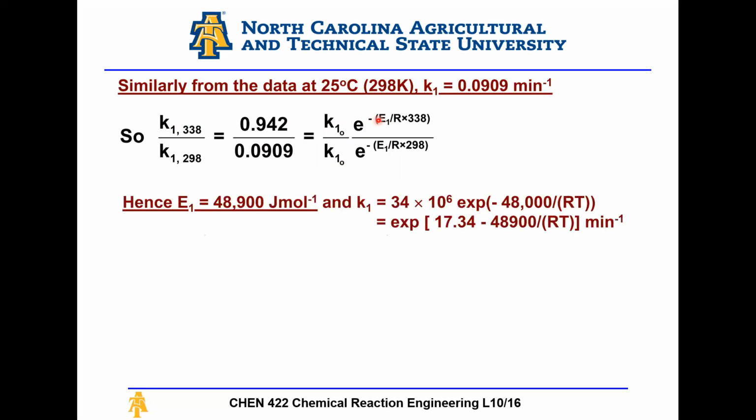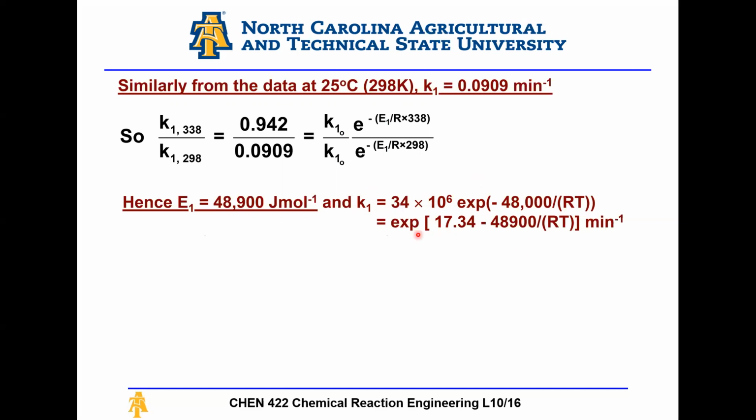If I solve for the activation energy here, I get 48900. Basically I now have a full definition of K1 versus temperature. So K1 is equal to 3/4 times 10 to the 6 times exponential of minus the activation energy over RT. So I have an equation of K1 versus temperature.